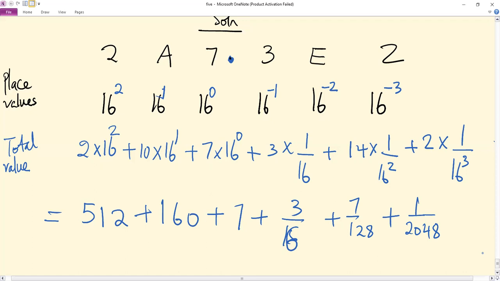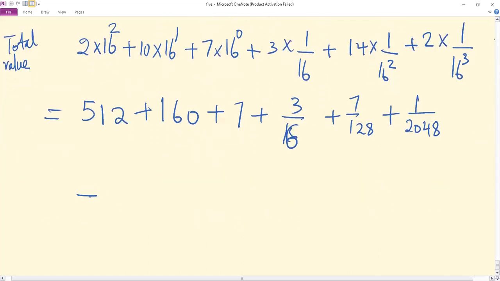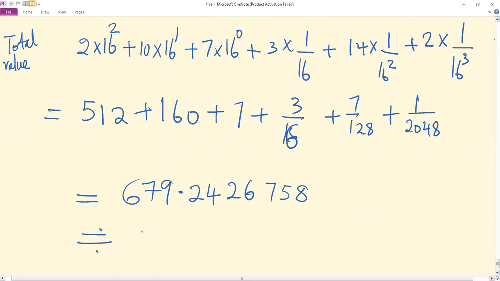We get 679.2426758, which to 3 decimal places is 679.243.